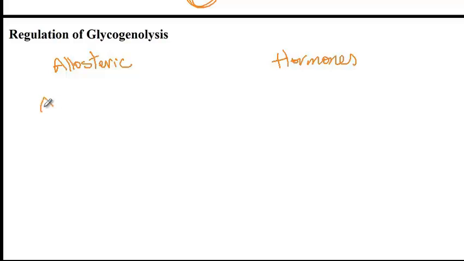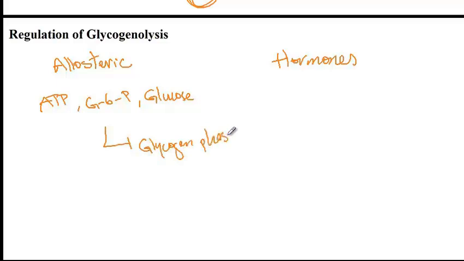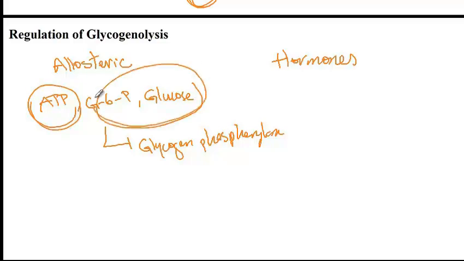Here I'm going to give you some examples, for instance ATP, glucose 6-phosphate, and glucose. All these molecules inhibit the function of glycogen phosphorylase. And why is that? Because we already have too much ATP from glycolysis, and we have too much glucose and glucose 6-phosphate. So we don't need glycogen to break down more, because all these pathways are already saturated. So let's hold off on glycogenolysis and save this molecule for the time that we need it.